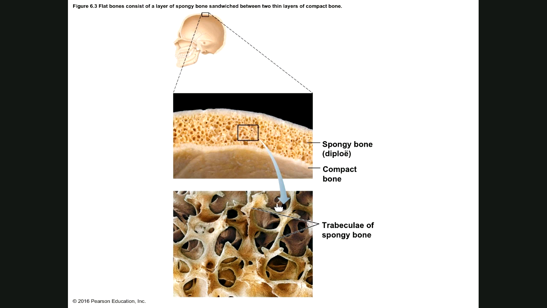If you magnify that, you can really see these trabeculae. These trabeculae make up spongy bone and result in the formation of all these holes. It's in these holes where you're going to find marrow stored. Also, what you find in these holes are all your blood vessels and nerves traveling.